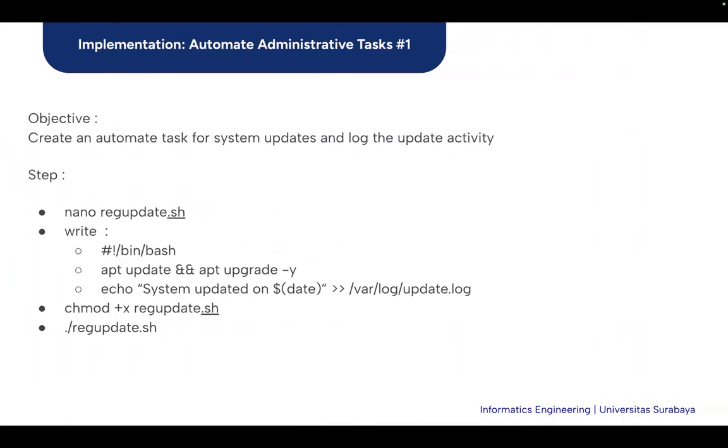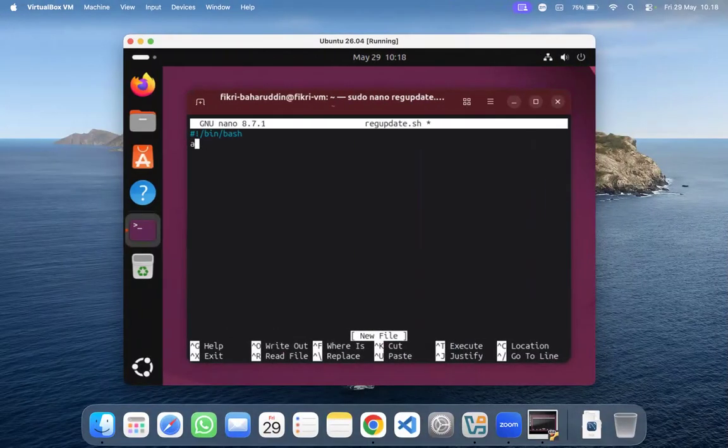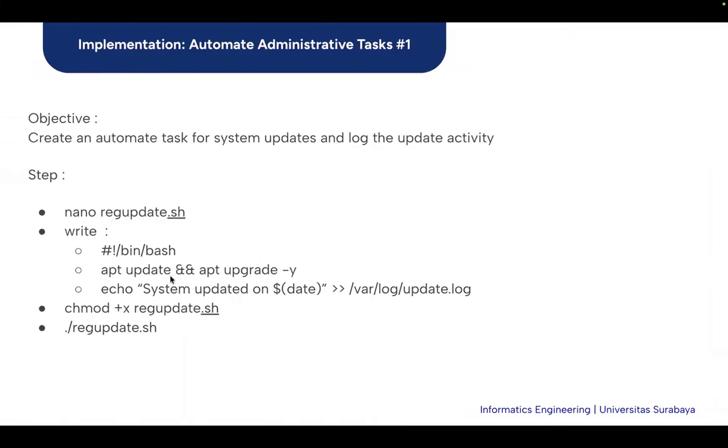And then we're going to make several commands. The first one is the apt update, so it is used to update our computer. Say apt update. And then after we update the software updates, we are going to do the upgrade.